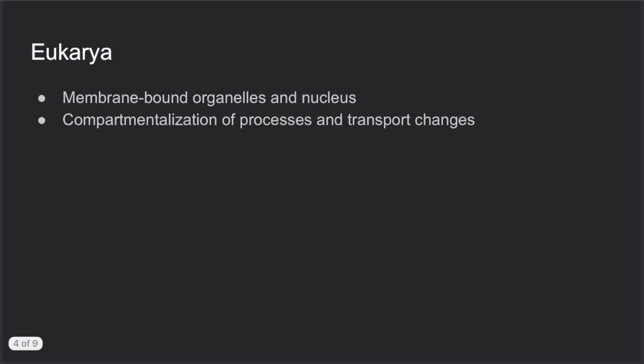Okay, so now let's talk about eukarya. How we typically define eukarya is really the main thing, membrane-bound organelles. That's a huge thing. There's multiple other ways to define a eukarya, but in my experience, the best way is just membrane-bound organelles. So, what does this mean?